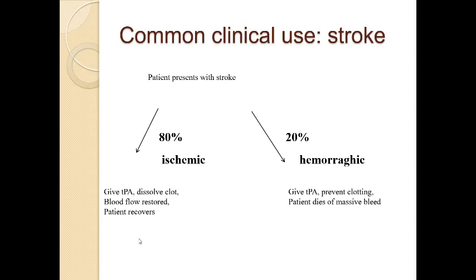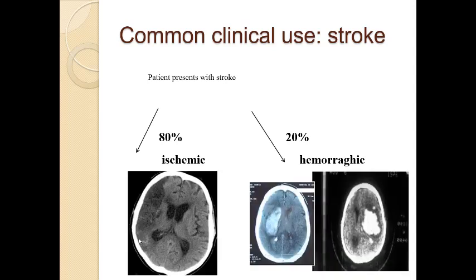If you give it to everybody, 20% of your patients are going to die when they don't need to. But if you wait too long to deliver it, the benefits of TPA dramatically drop off the longer it takes to give it. This is where the CT scan becomes invaluable, and why having CT scans available even in emergency vehicles becomes important, because you can easily differentiate ischemic versus hemorrhagic strokes in a matter of minutes by looking at them in the CT scan.